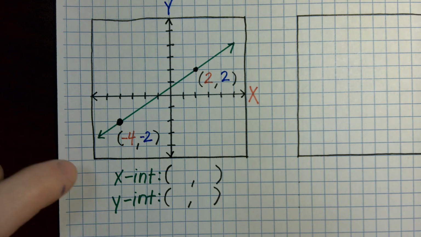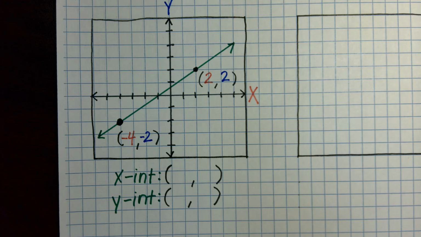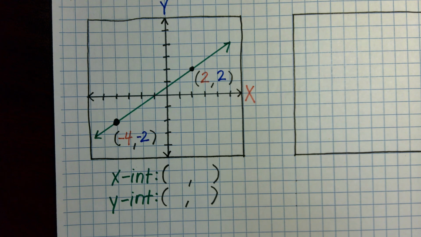So let's first find our x-intercept. Is that going to be where my line touches the x-axis or the y-axis? For my x-intercept, the x-axis, good. So it's exactly what it sounds like. The x-intercept is where the line is touching.